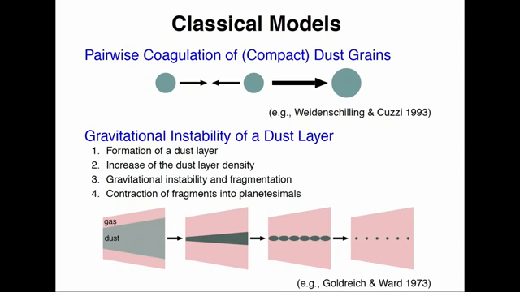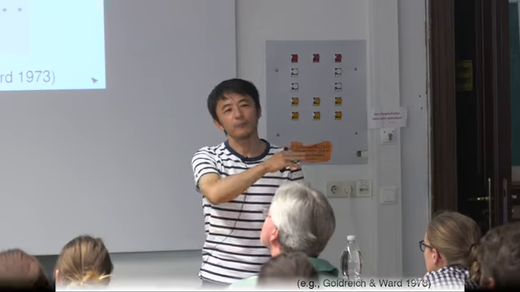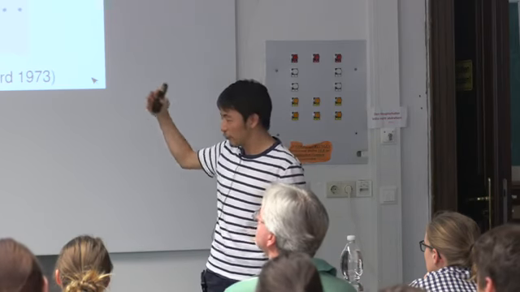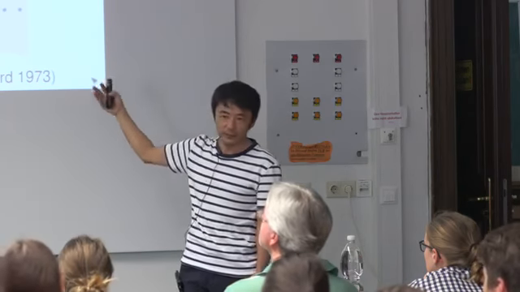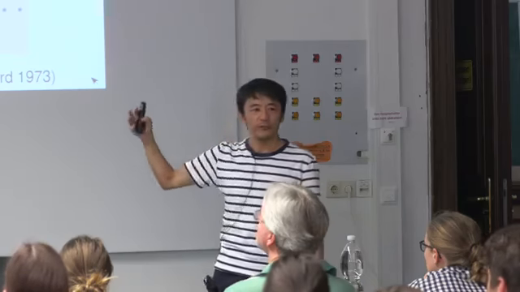But as we have already learned from Nadal, these compact dust grains may fall onto the central star before they grow to the size of planetesimals. So it's called the radial drift barrier.